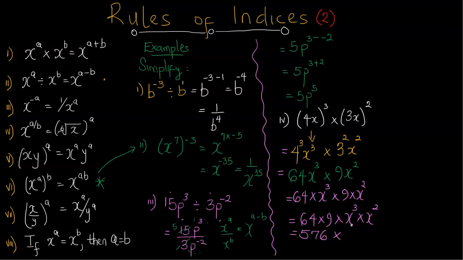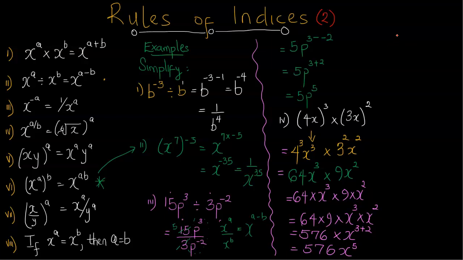So we can see here that the bases are the same. So we are just going to add the powers. So the x cubed times x squared will be x raised to the power of 3 plus 2. So this is going to give 576 x raised to the power of 5.